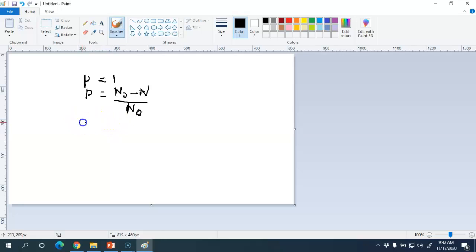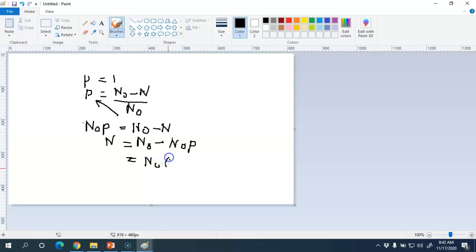So you can multiply P with N initial, and we get N initial P equals N initial minus N, so N equals N initial minus N initial P, and we get N initial times 1 minus P.